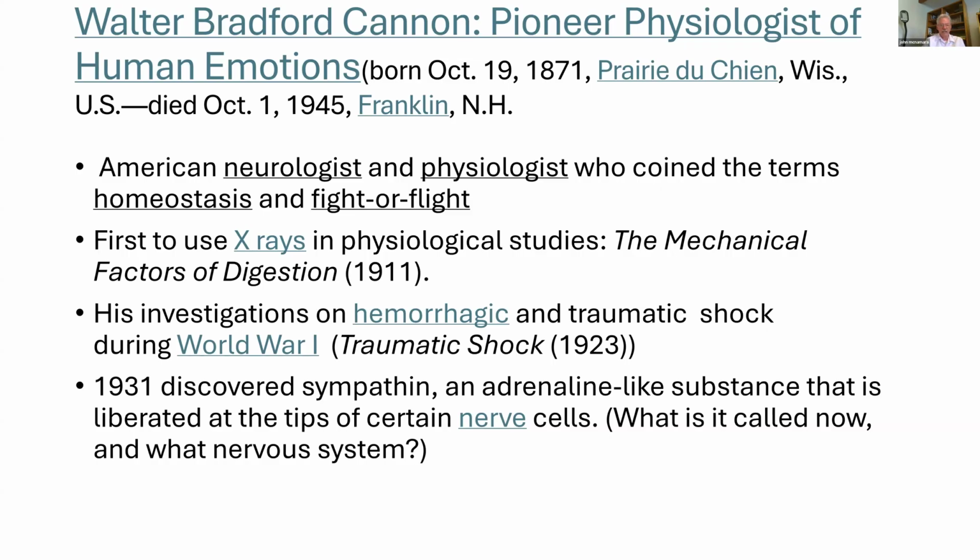And in 1931, he discovered what he called sympathin. And if I were live right now, I'd ask somebody to raise their hand and tell me what sympathin was named after. I'll tell you, the sympathetic nervous system. Something came from the nervous system which did things to organs to make them change their metabolism.